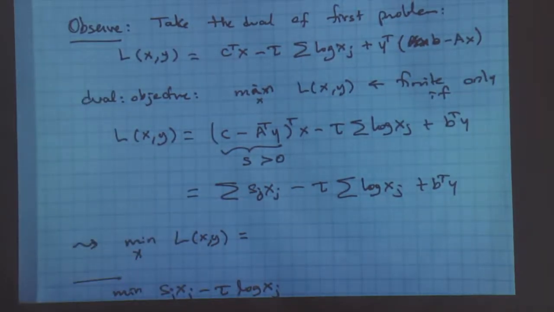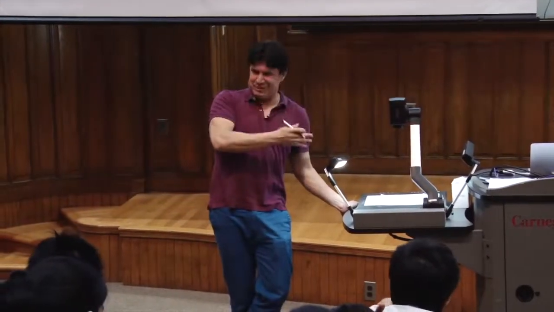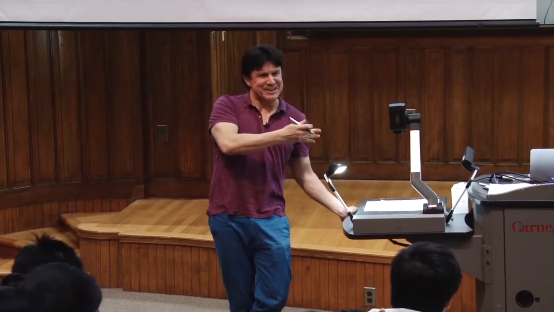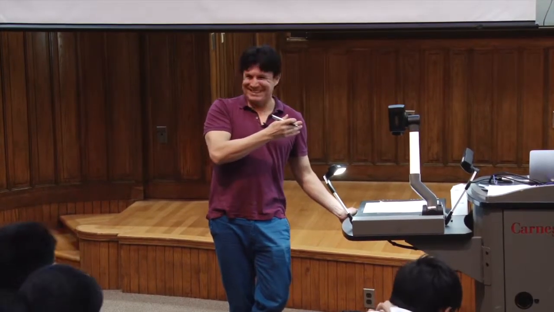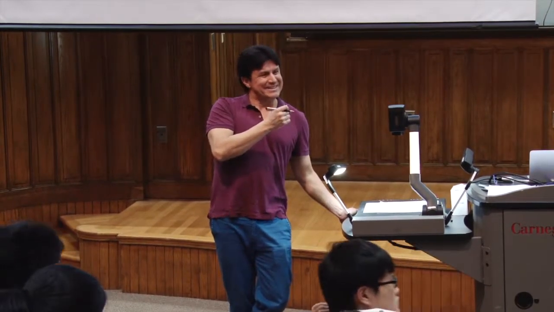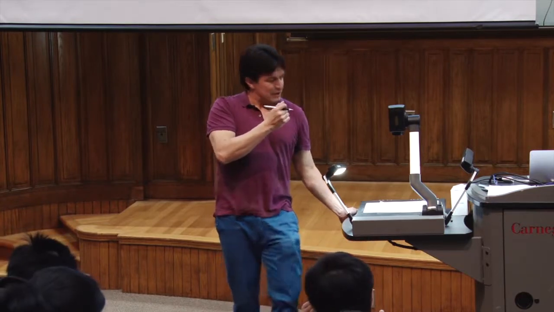This is like a kindergarten minimization problem, right? It's not a Carnegie Mellon machine learning convex optimization. This is maybe preschool convex optimization, right? Yes, exactly. So you differentiate, and then it's tau over sj.